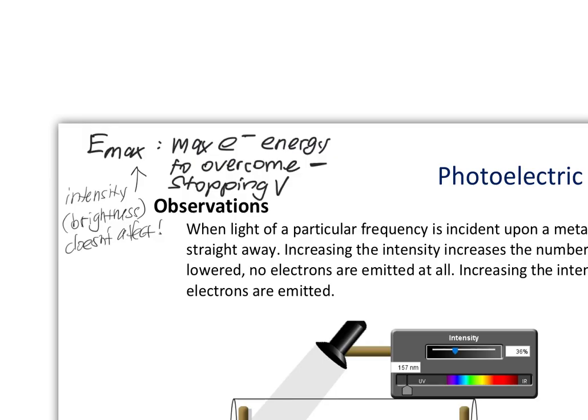Going back to my point before, the maximum kinetic energy is the maximum electron energy to overcome the stopping voltage. But if you can increase the frequency, then you can increase the maximum kinetic energy. Therefore, higher frequency light has a higher negative stopping voltage.